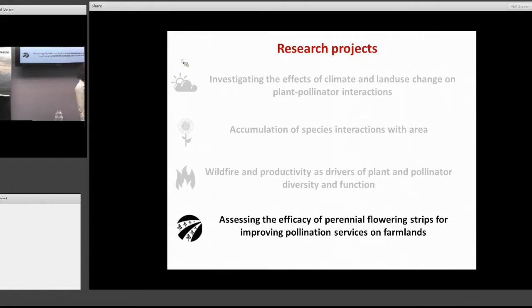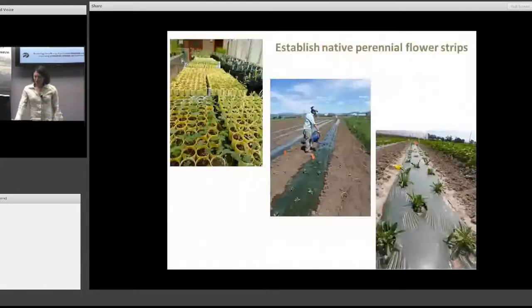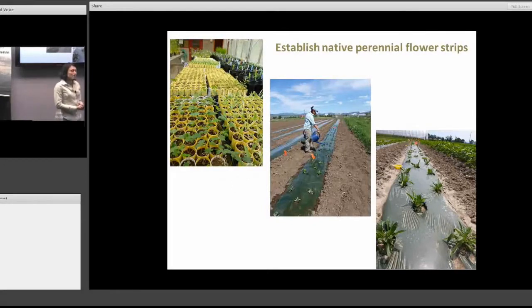So I'm just going to say, for this part of this project here, this is another new project that we just started this summer with Casey Delphia, and CC Welsh was also involved. We're planting perennial flowering strips on CSA farms, with the idea that the proximity of crops to these flowering strips might help their pollination.